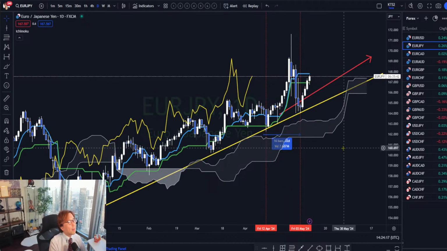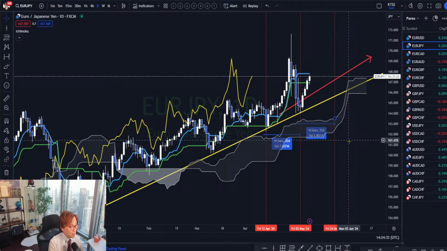So if I just count the future 16 bars from the 3rd of May, that is going to be 24th of May. 24th of May is going to be the next potential swing low, and the price may retrace all the way back to the trend line. Okay, hope that makes sense so far.